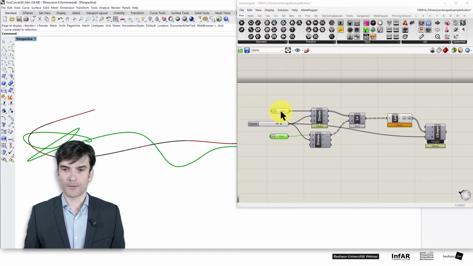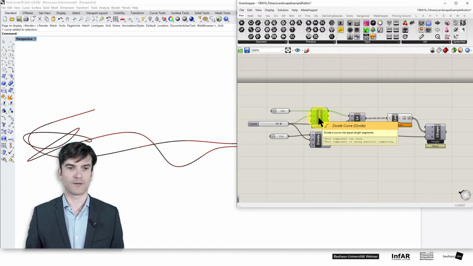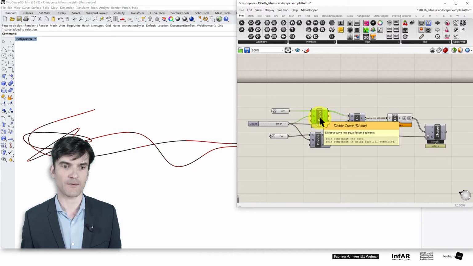Okay, what we do, we have these two curves and we divide them into equal segments.